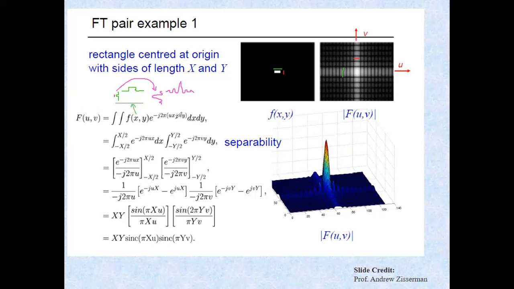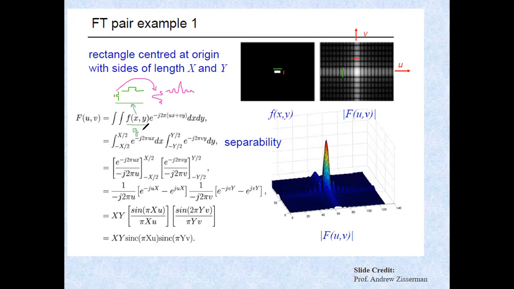Separable transform means, if f of x comma y can be split into g of x into h of y, then I can do it as a multiplication and decouple the x and y directions.